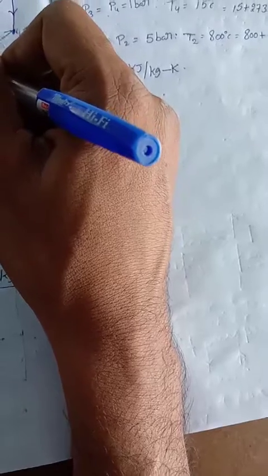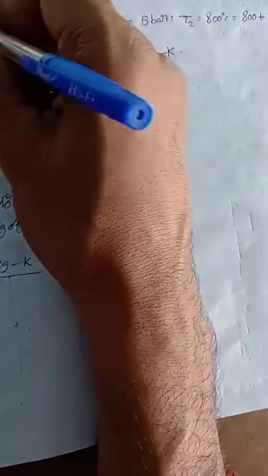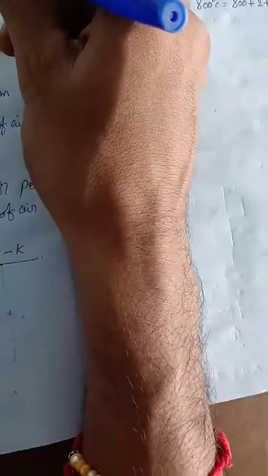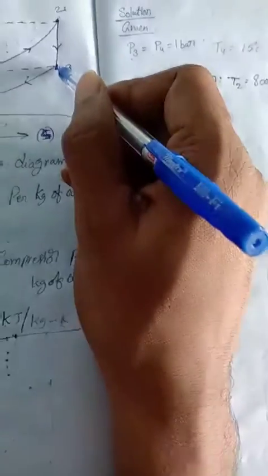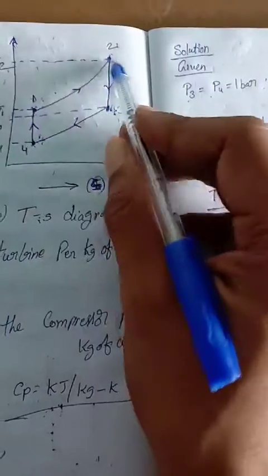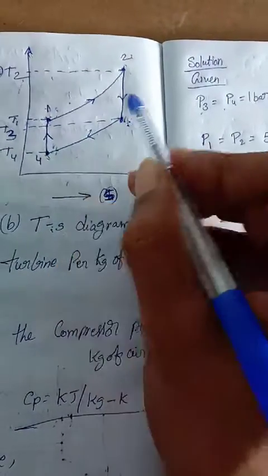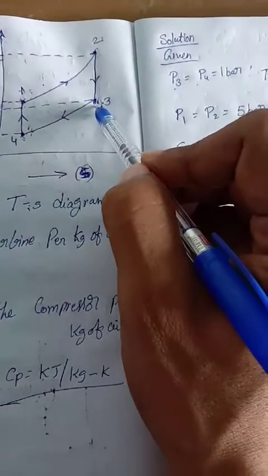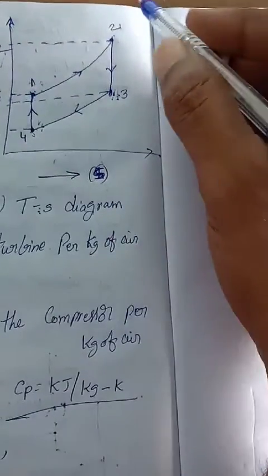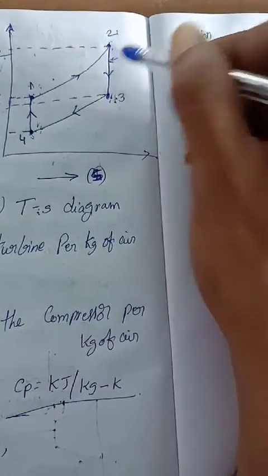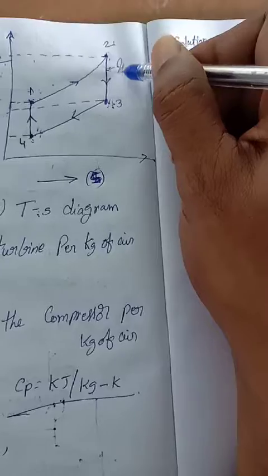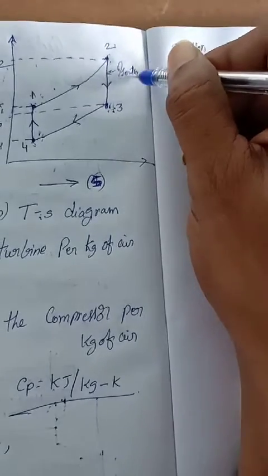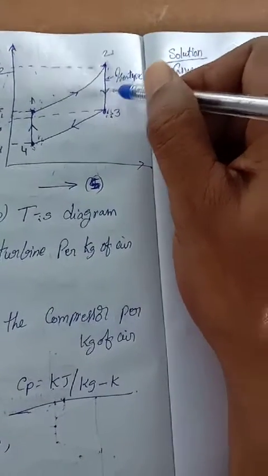Okay, and now T4 is given, and we need to find T3, and I am going to take this as isentropic expansion.